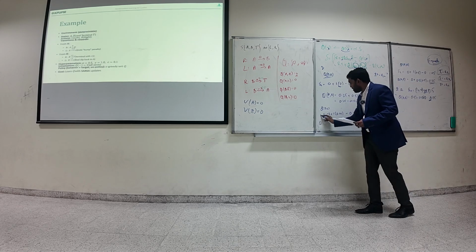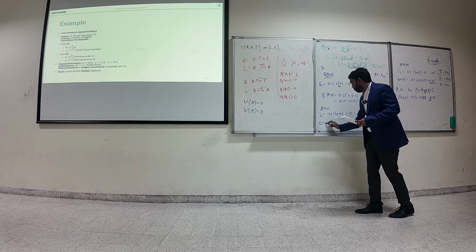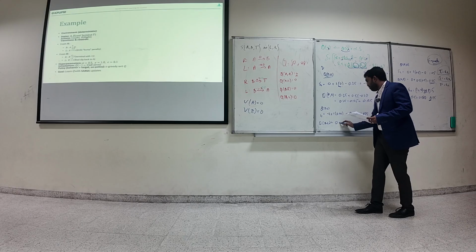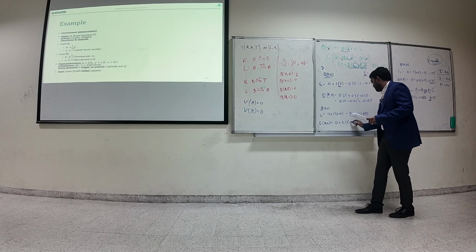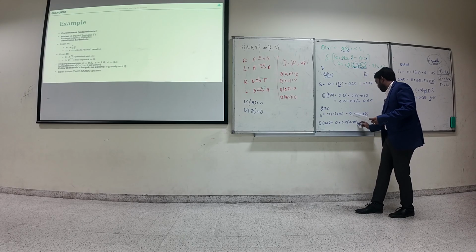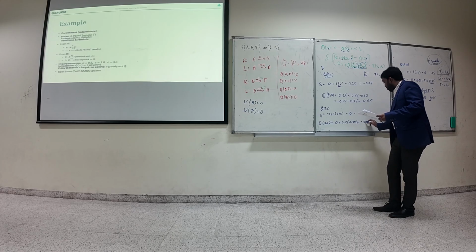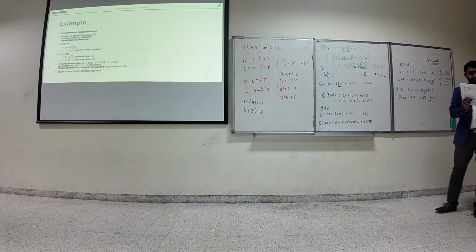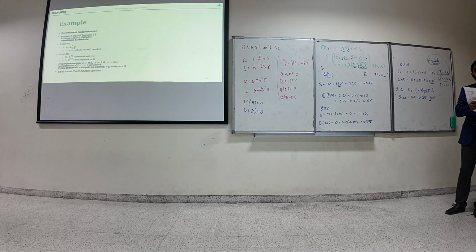Now this was delta. So now QBL would be 0 plus 0.5 times minus 1.875, which would be minus 0.9375.